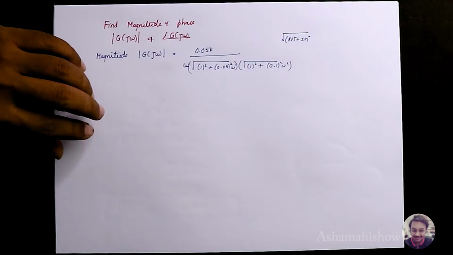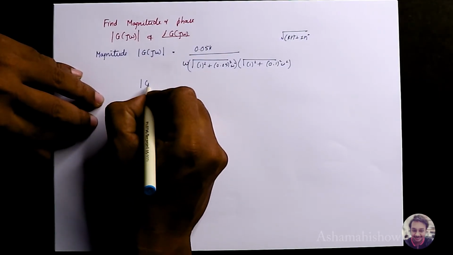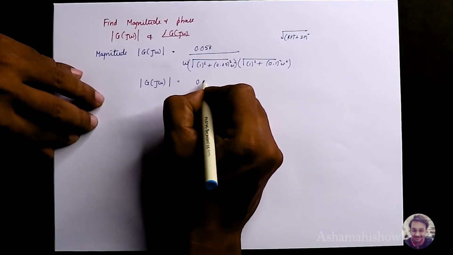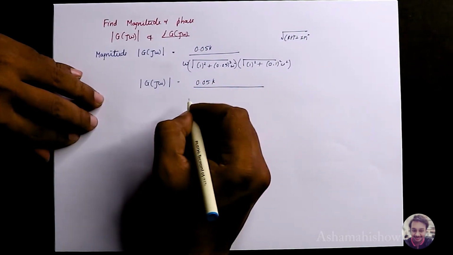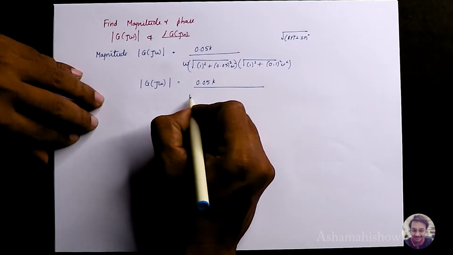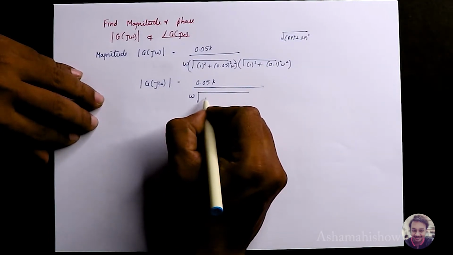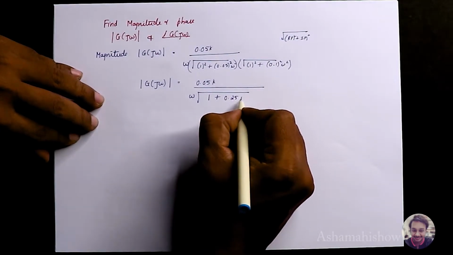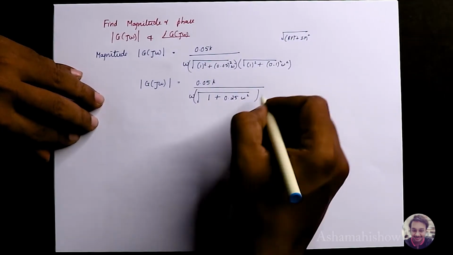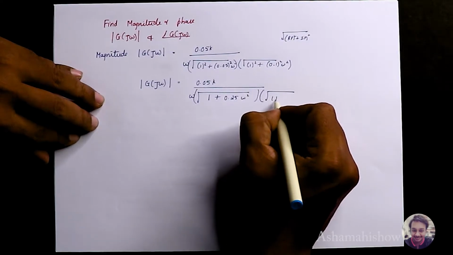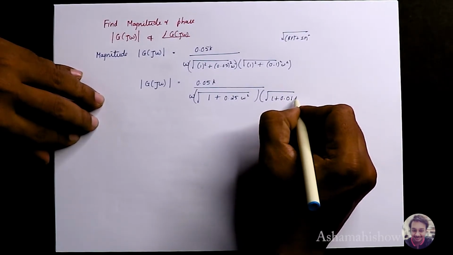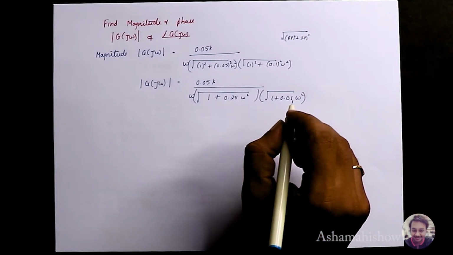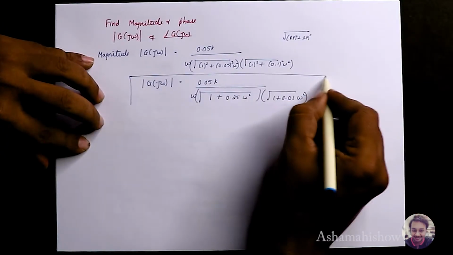If we solve it, this will be root over 1 plus 0.25 omega square. This is the first part. And the second part is root over 1 plus 0.01 omega square. So this is the equation for the magnitude plot.